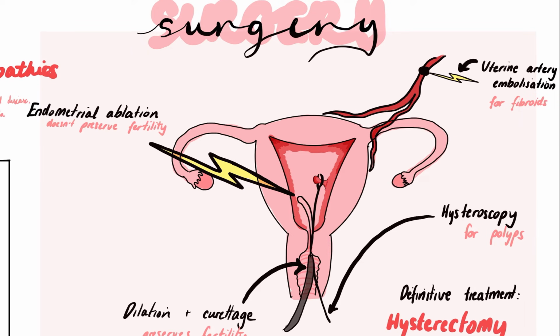Another thing that can be done is uterine artery embolization. So by cutting off the blood supply to the uterine artery, this causes necrosis of tissue and helps reduce the occurrence of fibroids.